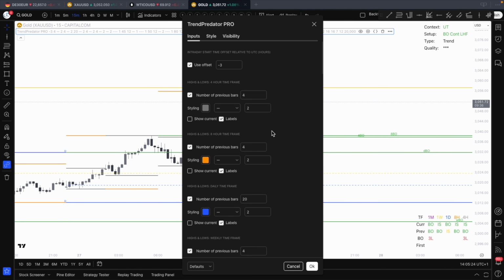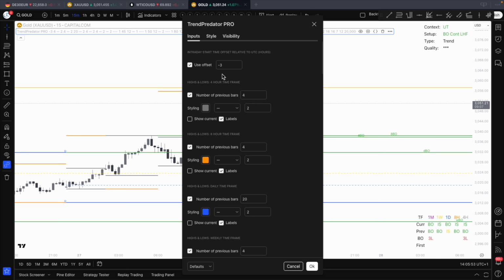Options. So quickly going through the configurations that are possible with TrendPredator. Let's go through them one by one. So the first one you see here is an offset to UTC time. This might be important because especially the 8-hour and 4-hour candles open and close differently for different data providers, brokers, and so on.